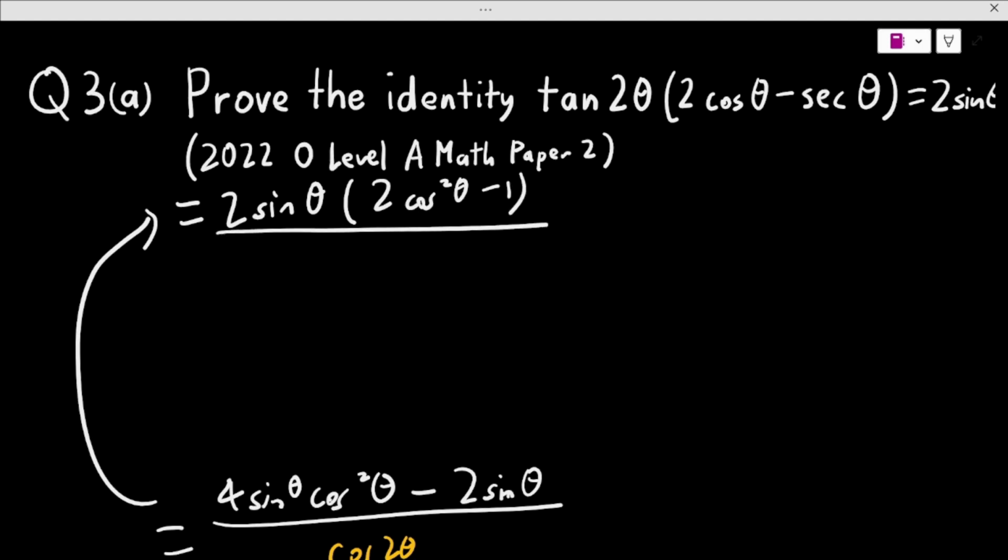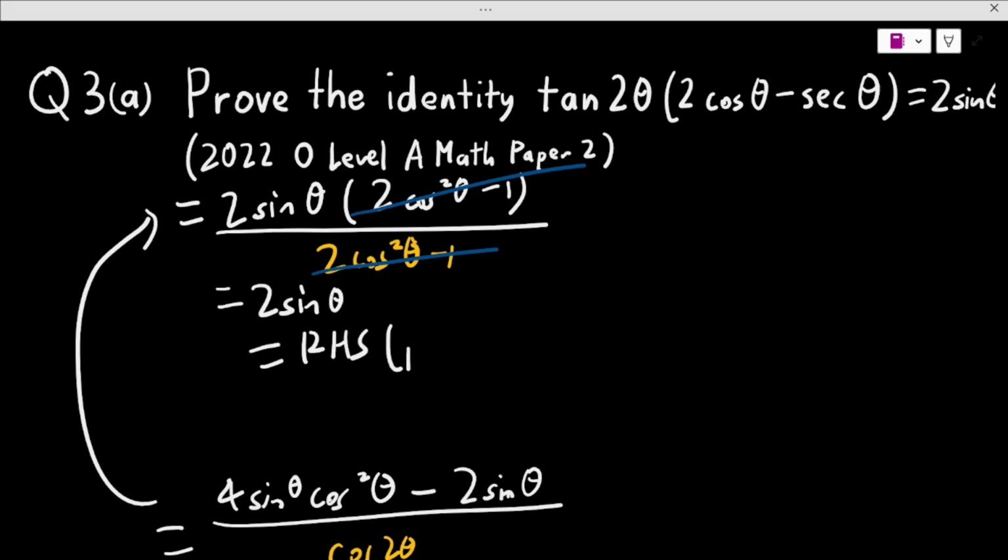Well, the denominator of cosine 2 theta just so happens to be able to be broken down into 2 cosine square of theta minus 1. Which means that these two cancel out, leaving us with 2 sine theta, which is the right hand side. So that's proven.